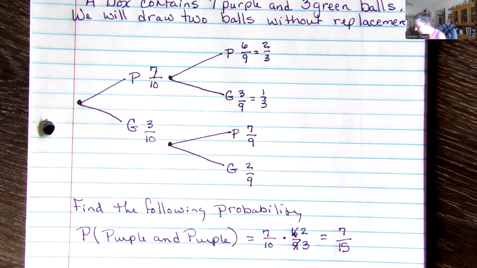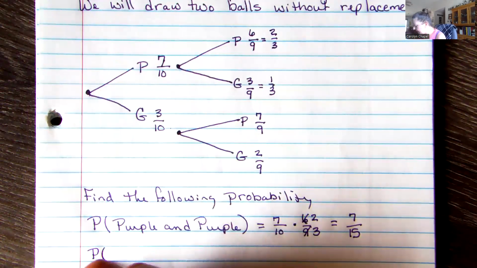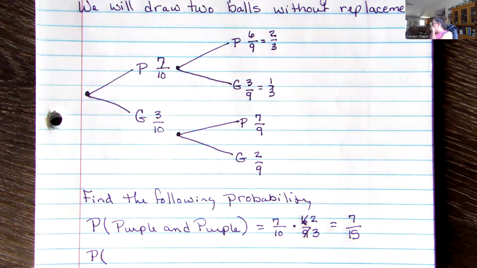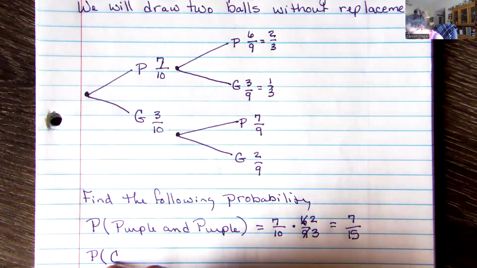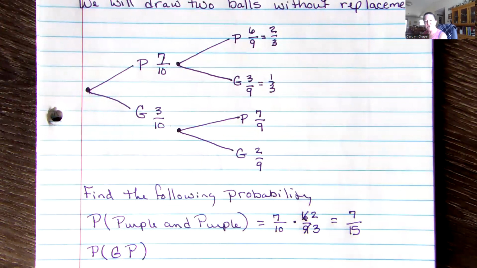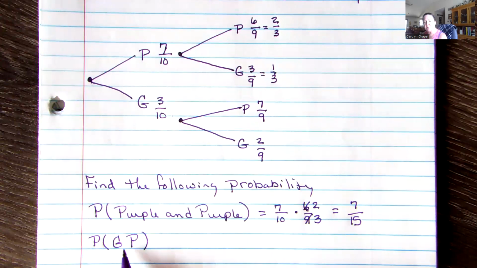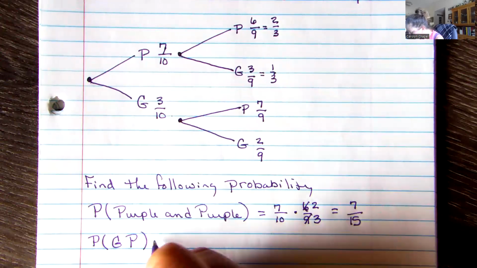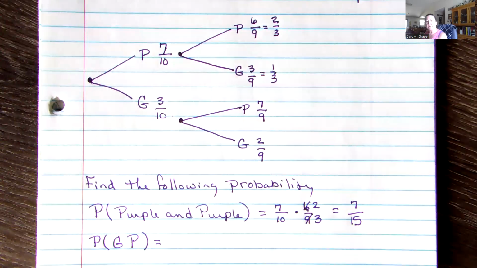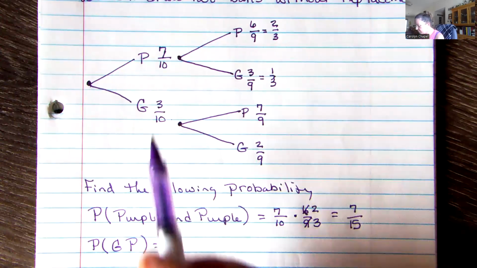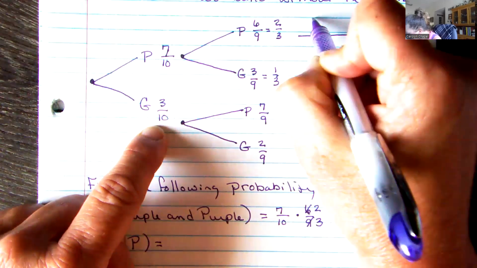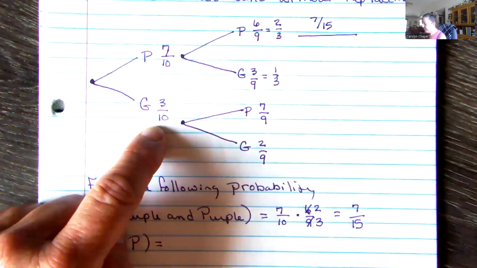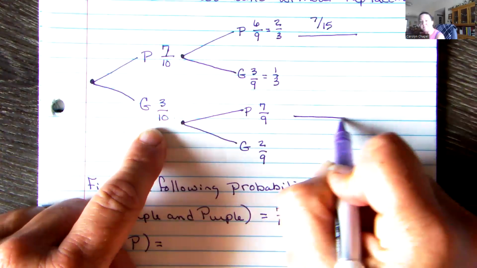Okay, let's calculate the probability of, let's do, how about a green purple? So when I write GP, that means a green on the first, purple on the second. Okay, so that means I'm green on the first, purple on the second. I'm going to kind of write this here. Here's my 7 out of 15. So I'm kind of looking for this branch right here.